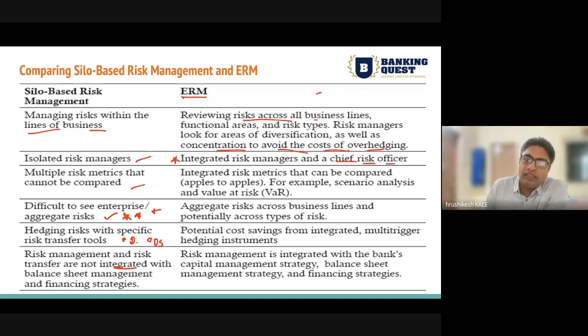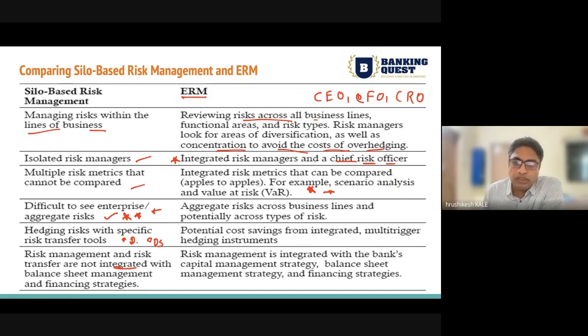Just as there is a chief executive officer and chief financial officer, now they have a chief risk officer also. Multiple matrices, I have already told you. Now they basically use a single matrix for the complete organization, and its frequency is also decided. Aggregate risk across the business lines.